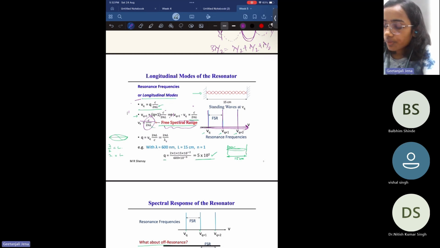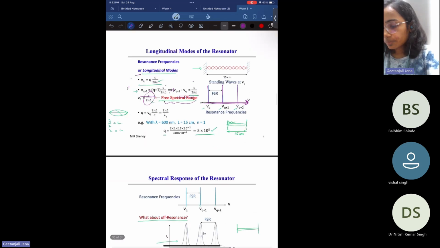Now if you want to find the typical value for a normal day-to-day laser, take lambda equal to 600 nanometer, which is around red light, L equal to 15 centimeter and N equal to 1.